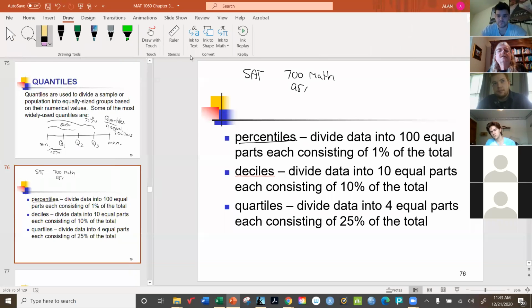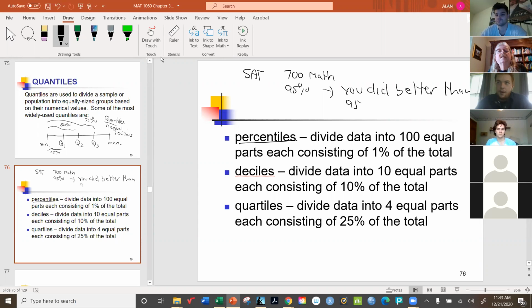What does that mean? That means you did better than 95% of all test takers, which means you're at the 95th percentile.